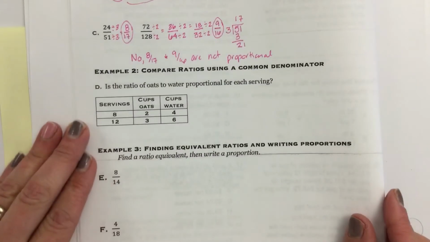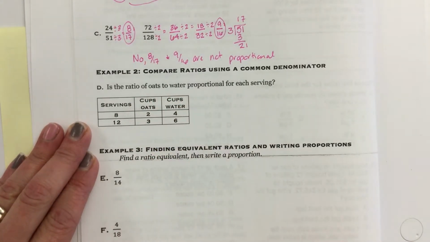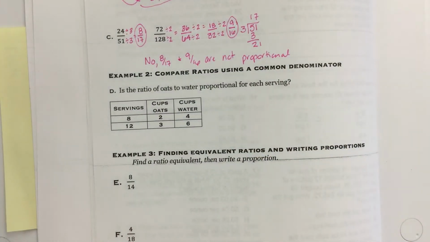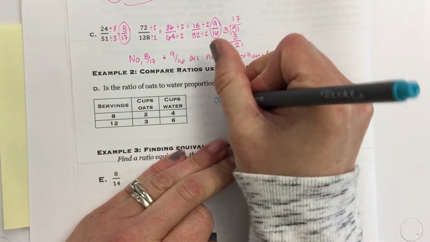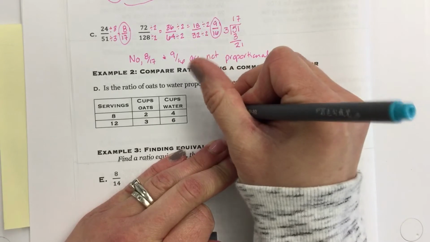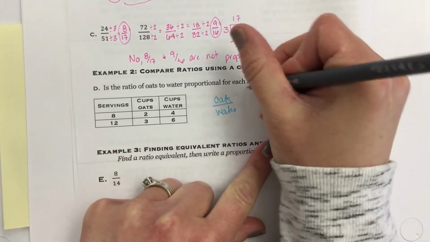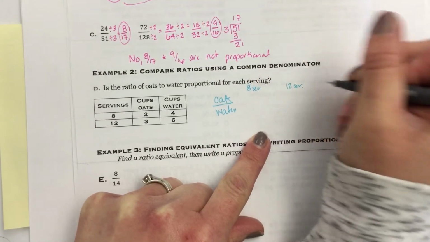Okay, so is the ratio of oats to water proportional for each serving? So we are comparing oats to water. So I have oats to water. And we have 8 servings and 12 servings.